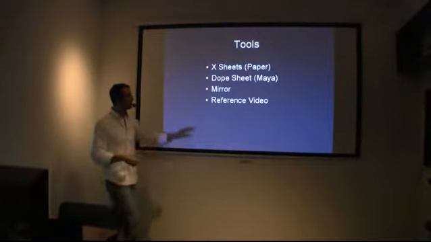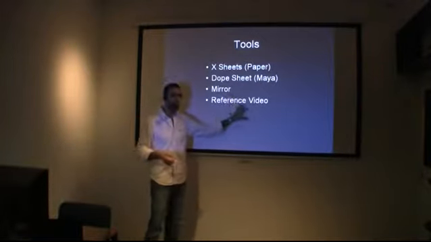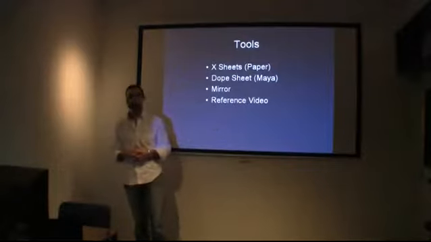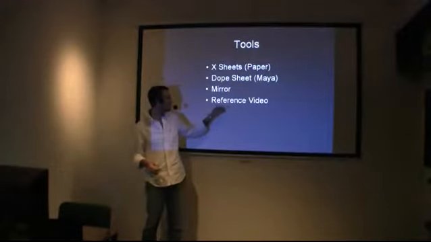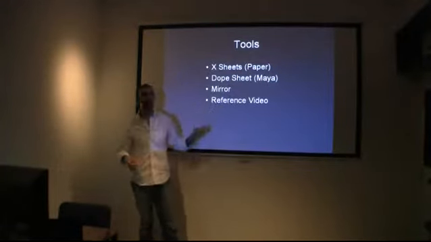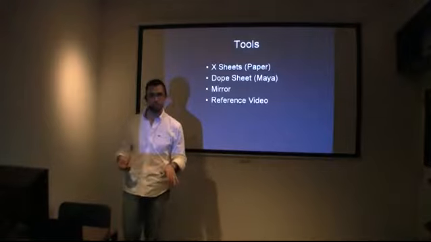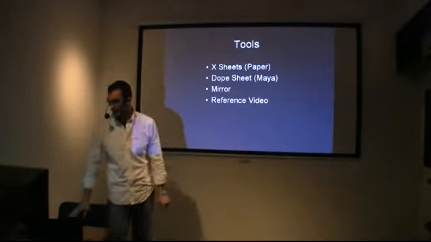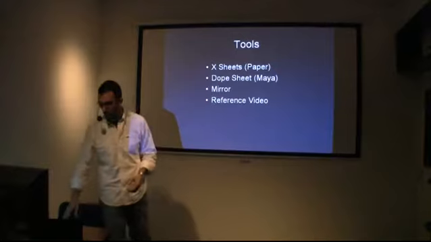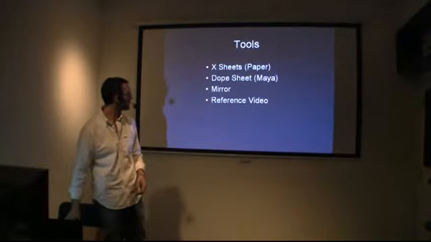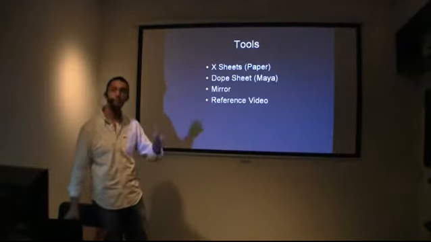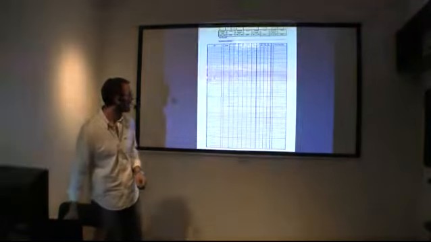Okay? So these tools have their advantages, but they also have their problems. And these two bottom ones are the most often used tools by animators in CG. So you need to be careful of the pitfalls that they have.